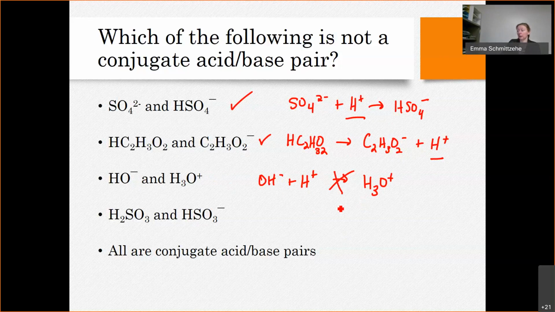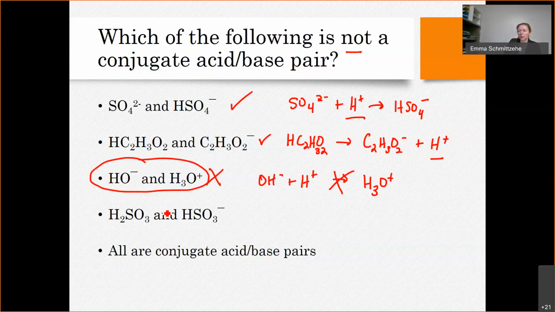Those aren't related by an H plus. The only way those would be related is if I added 2 H pluses to OH minus. So that is not a conjugate acid-base pair, okay? So that is actually what we're looking for, what is not. So that would be an answer.